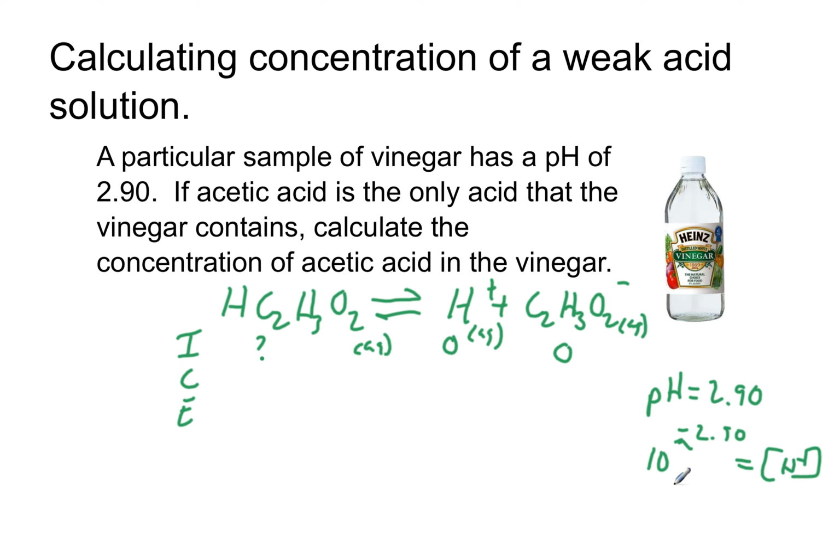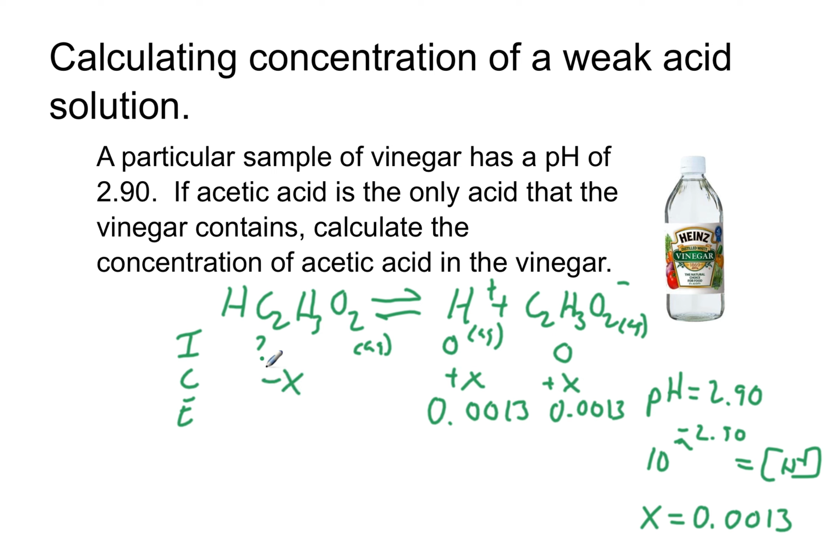And in this case, if I do 10 to the negative 2.90, I get an X value equal to 0.0013. So that would give us this concentration 0.0013, and this is 0.0013. This would have been plus X, this would have been plus X, and this would have been minus X.